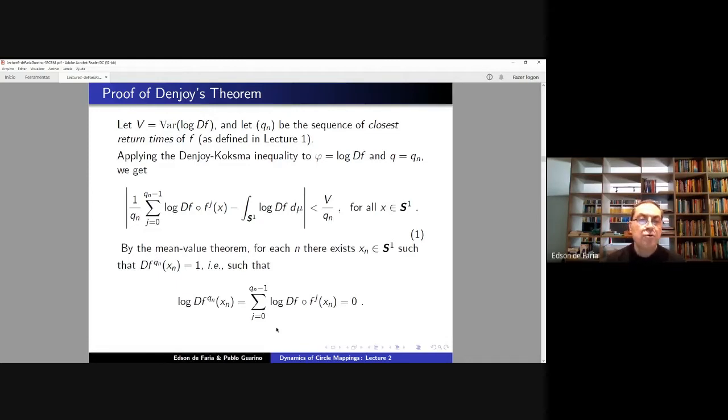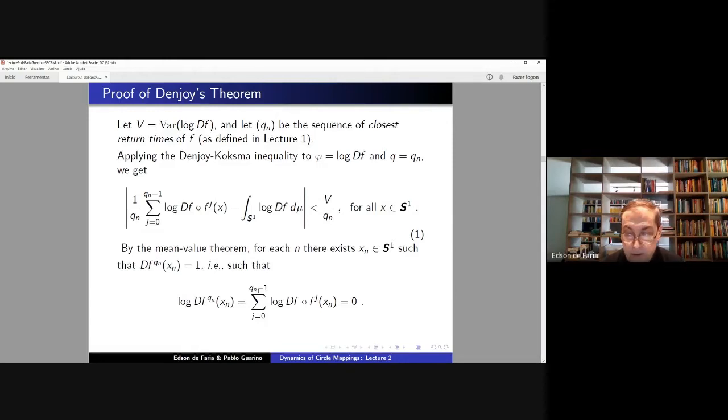Otherwise, the circle would be increasing or decreasing in size, which is not the case. So you know that there is a point where the derivative is 1. So the logarithm of the derivative of f^{q_n} at that point must be 0, and so the sum that appears on the left-hand side of this inequality 1 is 0.